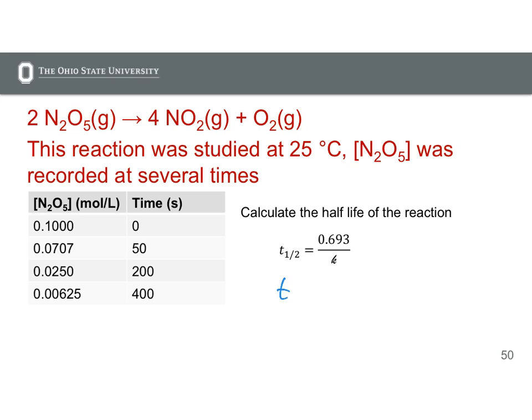We know that from our previous slides. T1/2 equals 0.693 divided by 0.0069. And we get about 100 seconds.